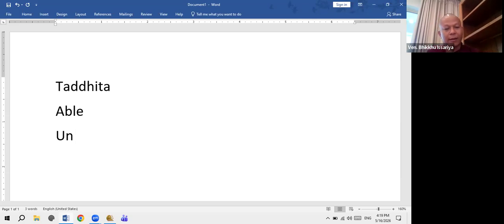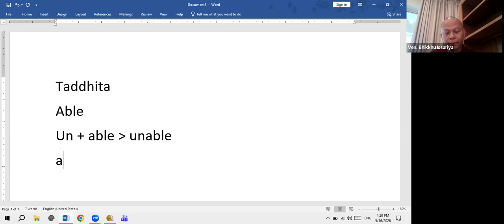Okay, so evil together. Enable, like that. So "en" is the other word added before.